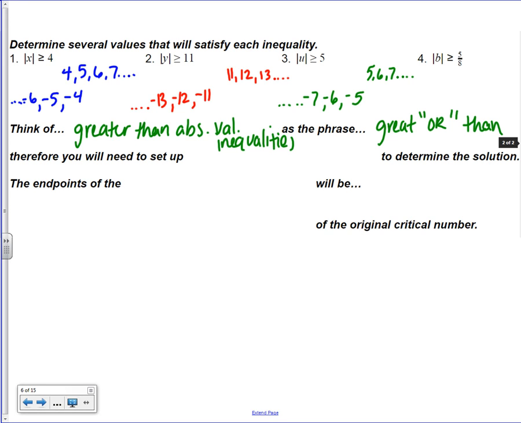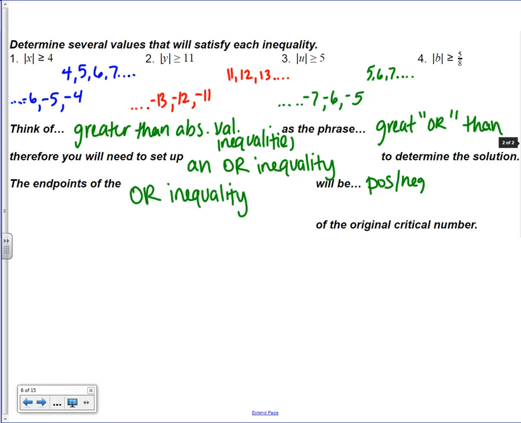Therefore, you will need to set up an or inequality to determine the solution. The endpoints of the or inequality will be the positive and negative versions of the original critical number.